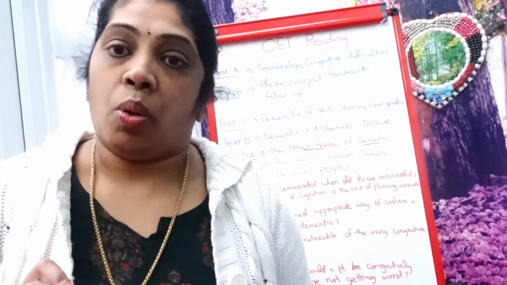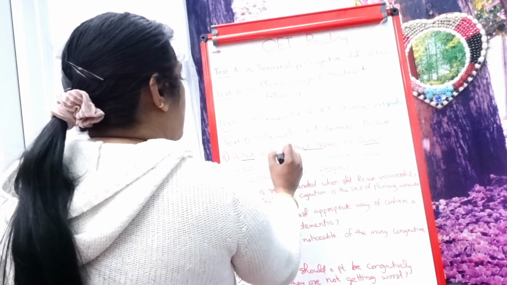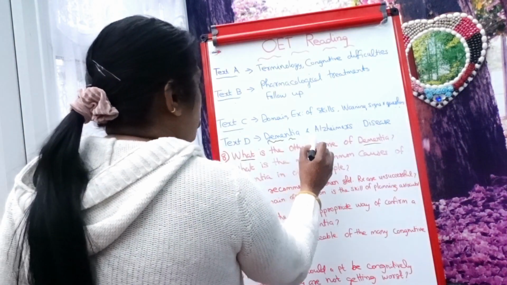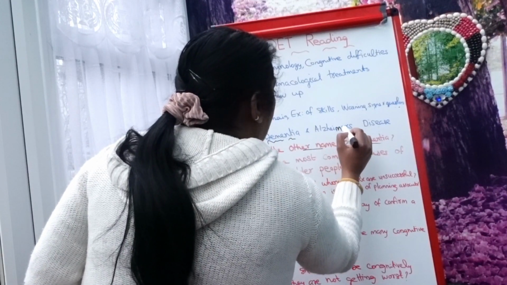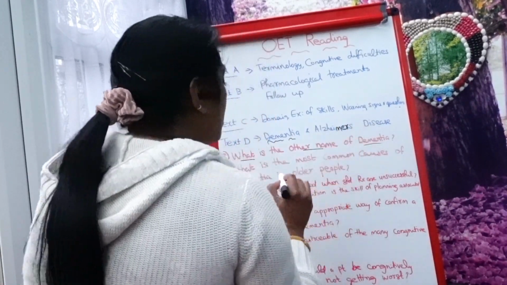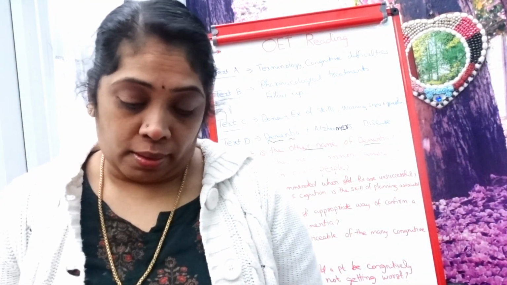Where can we find that answer? If you see the text here, it says text D, dementia and Alzheimer's disease. So hopefully we will find that answer there. Let's go to that passage.